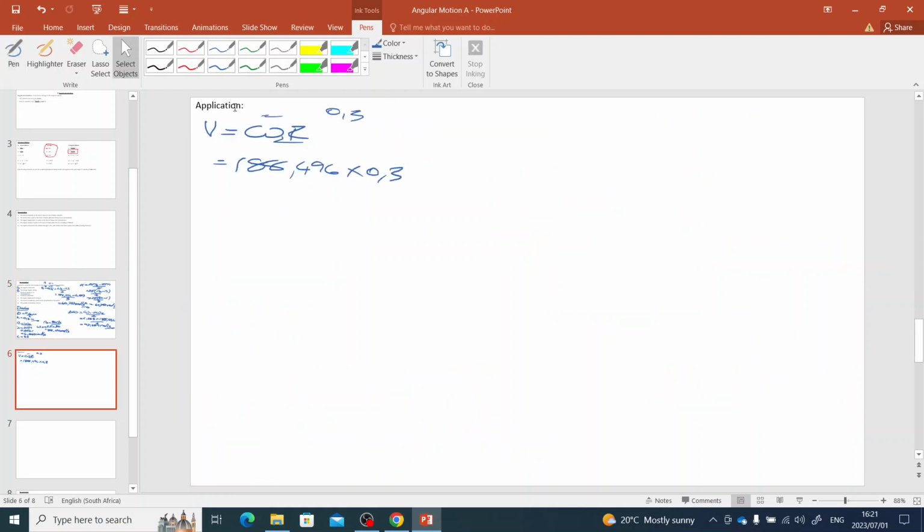Then our answer here is 56.549 meters per second, because our diameter 0.6 divided by 2 gives us 0.3.